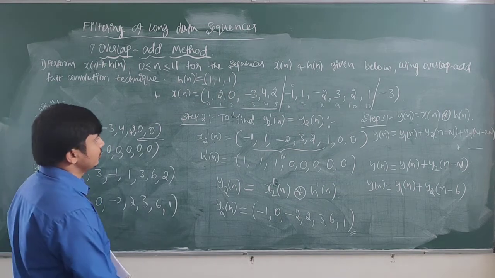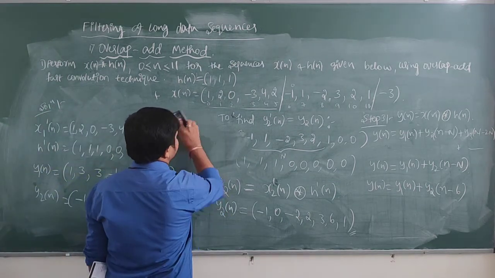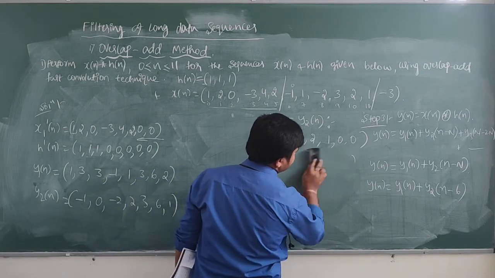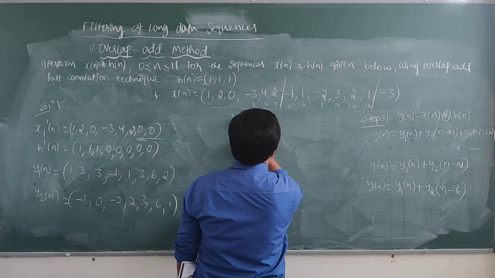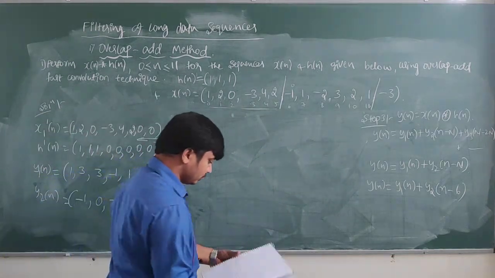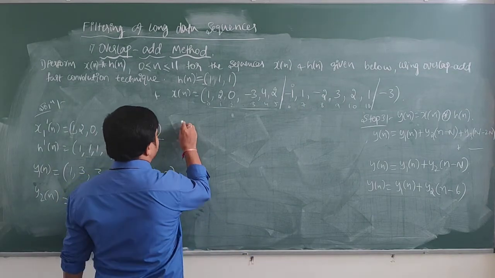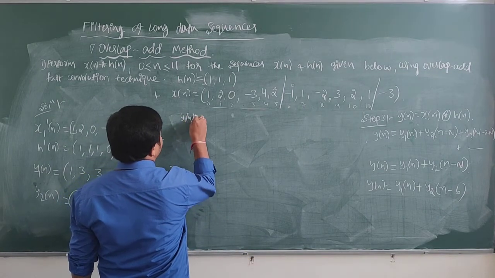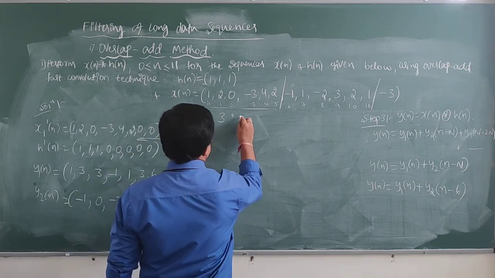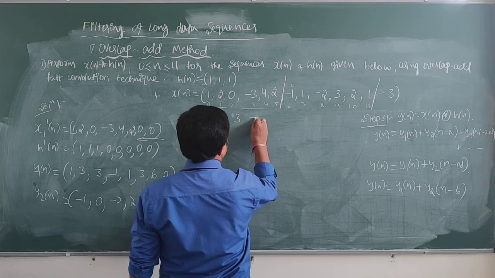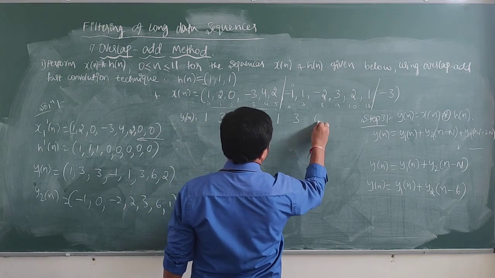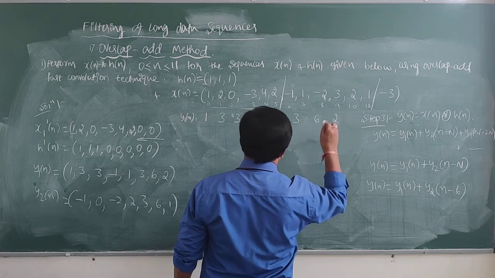Okay. So now we are at the last step. I have y1 of n: 1, 3, 3, minus 1, 1, 3, 6, 2.